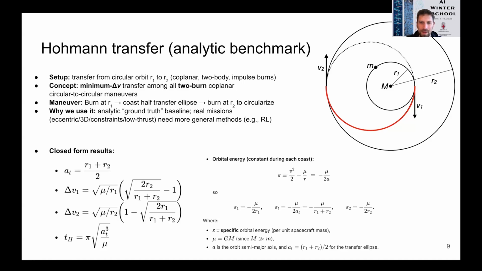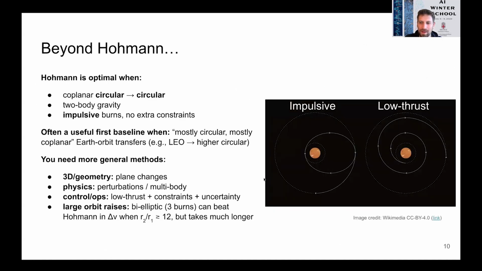As I mentioned, real missions require more general methods. Hohmann's optimal for these ideal cases of circular orbits in the same plane, two bodies, with just these impulsive burns.